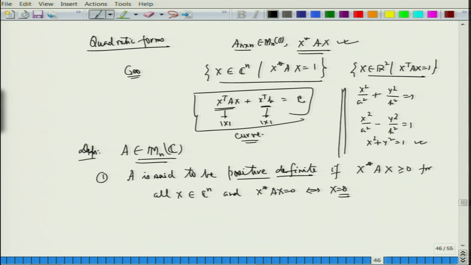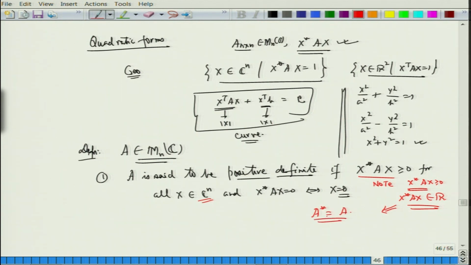This is what positive definite means. Note here that when I say x star Ax is greater than or equal to 0, what we are saying is that x star Ax belongs to the real numbers, because I cannot make any comparison over complex numbers. So I am already saying that x star Ax is a real number for x in Cn, and this condition will imply that A star is A, that is, A is Hermitian.